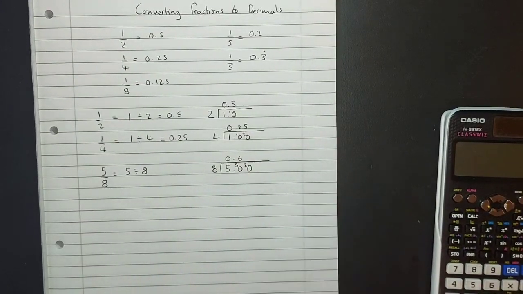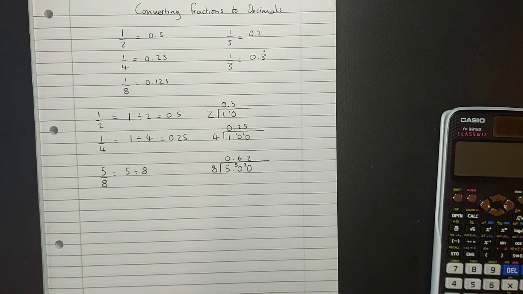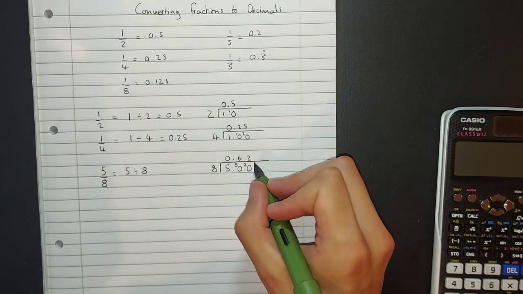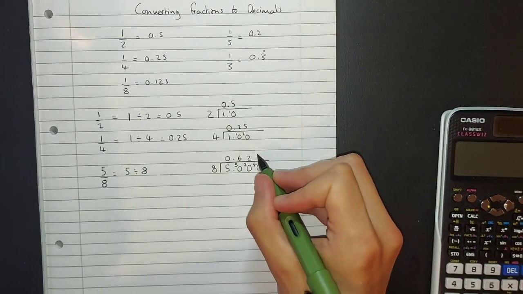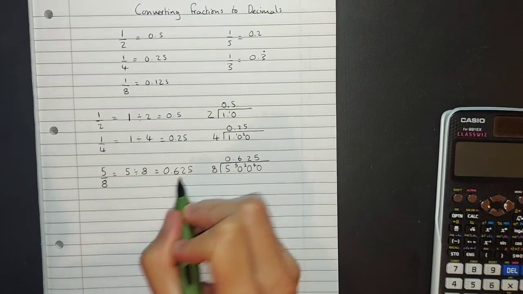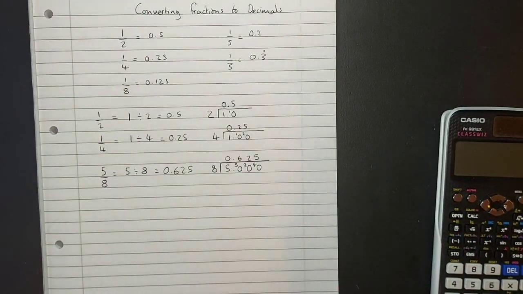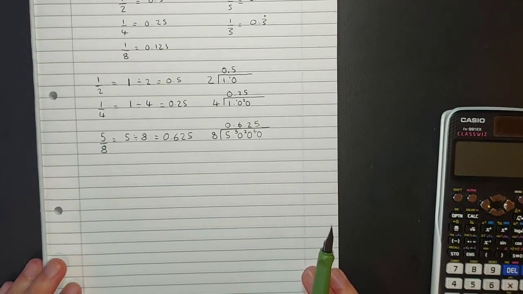How many 8's into 20? Well, that's going to be 2, with a remainder of 4. 8's into 40 go 5. So 5/8 as a decimal is 0.625. Okay, let's do a few more.